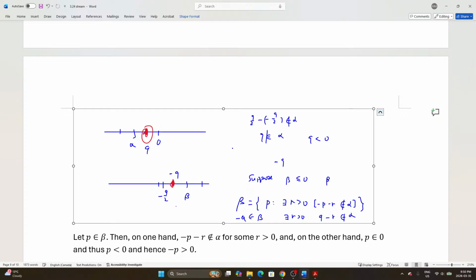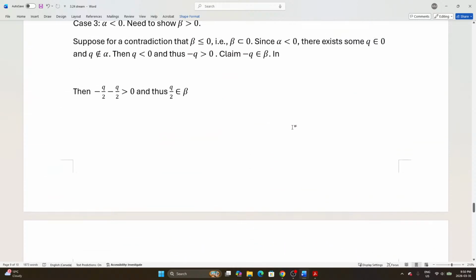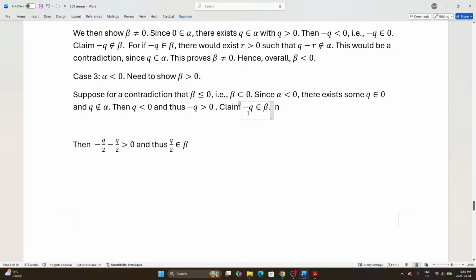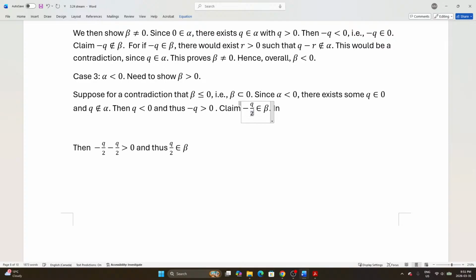So that will work. I'm sure the initial instinct was right. I need half Q. Claim: minus half Q is in beta.